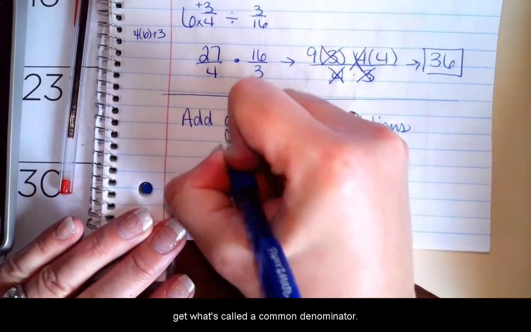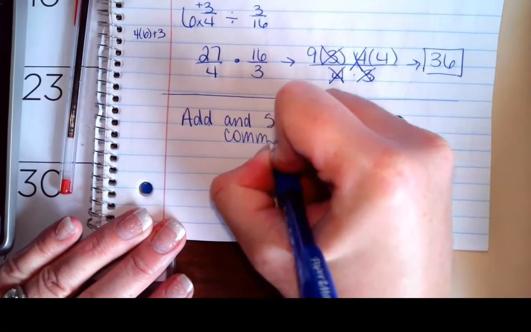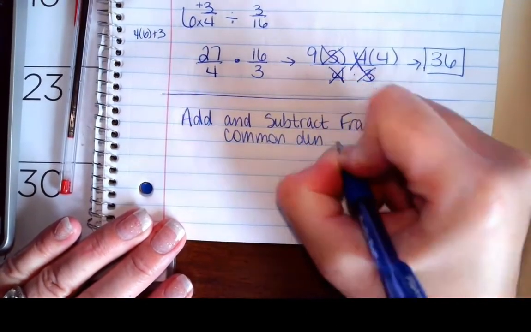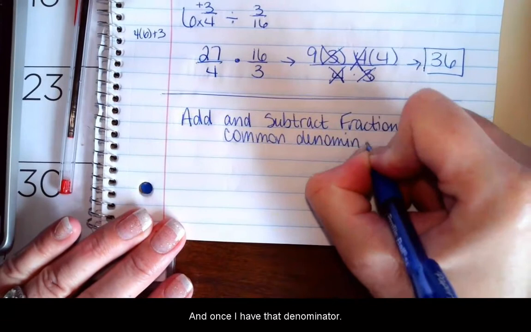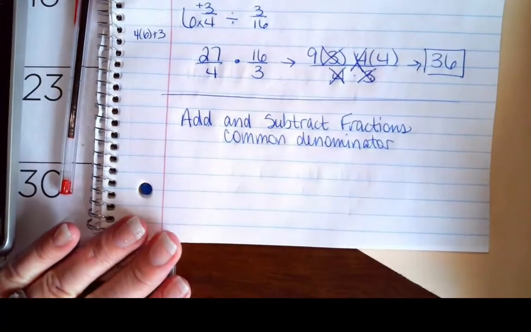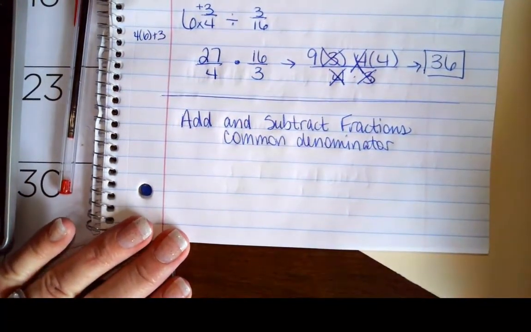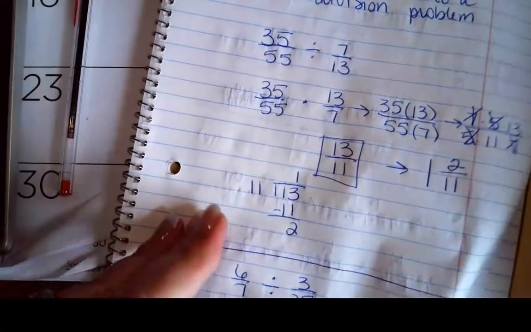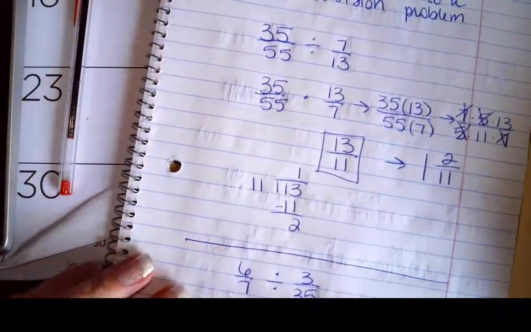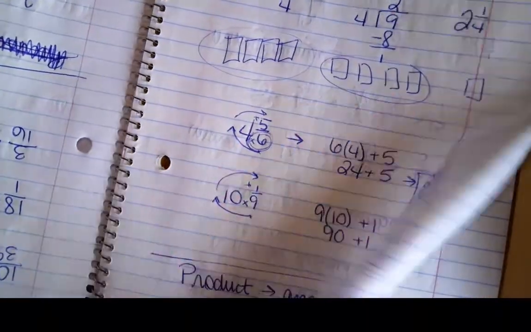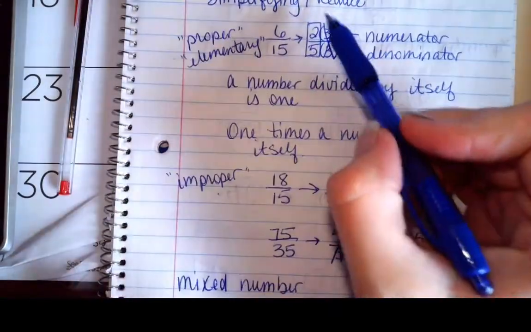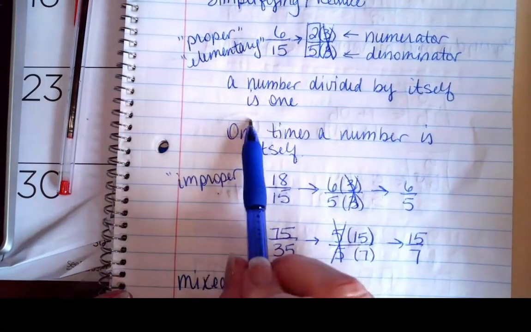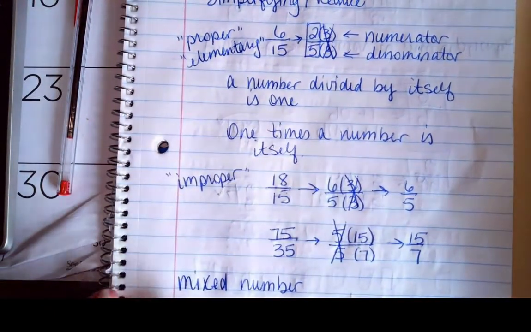So I need to get what's called a common denominator. And once I have that denominator, then I can do my addition and subtraction. And so finding the common denominator is going to utilize what we did before, where a number divided by itself is 1, and 1 times the number is itself.